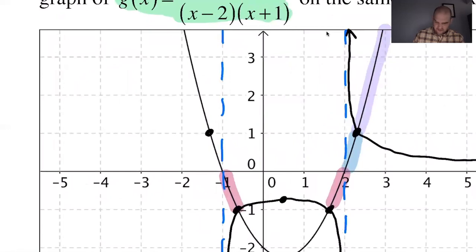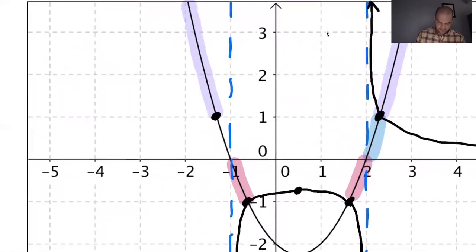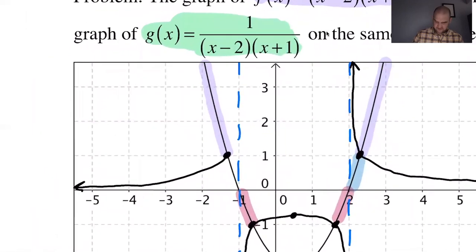Now, if we look here, same kind of behavior. This part, the graph is just going to go up forever. It's going toward infinity, so its reciprocals are going toward 0. So what'll happen is we'll have this kind of behavior. And then finally, there's one more little segment that we didn't look at. That's here.